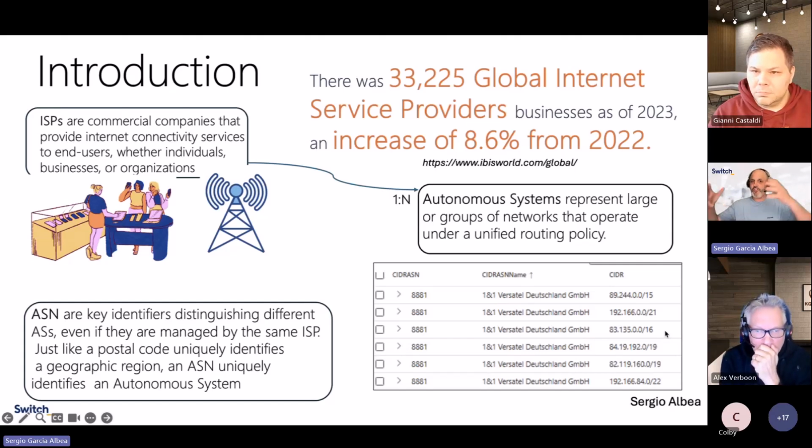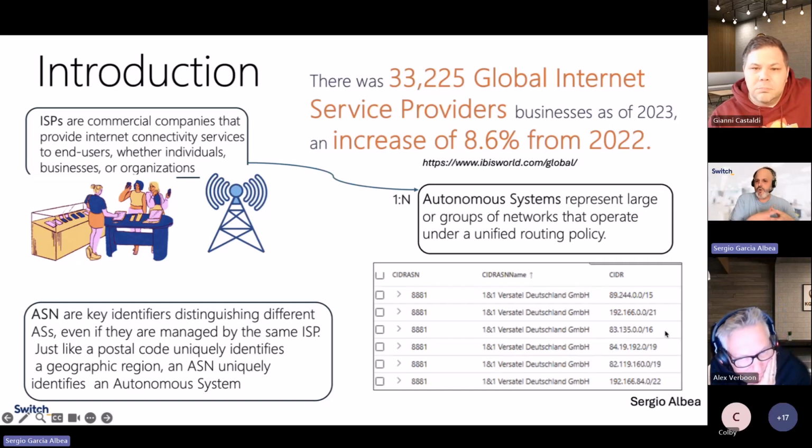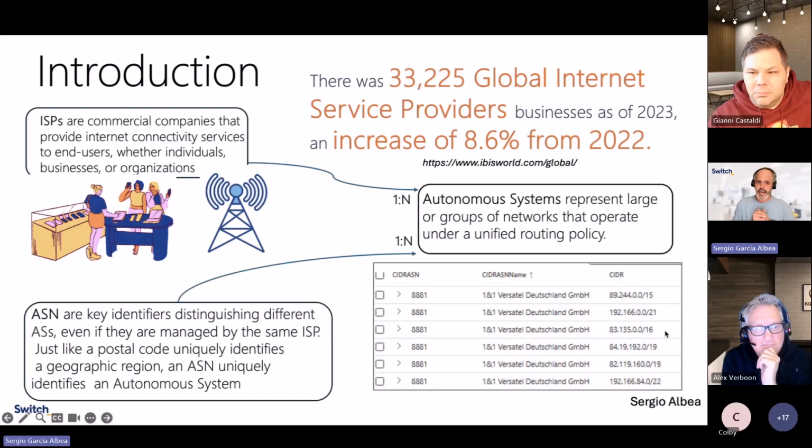Instead of remembering all these ranges of IPs, you can say, okay, this AS number 8,888 is assigned to this ISP or whatever. It's like when you go to Google. If you have to remember IPs, it will be complicated. You remember Google, you type it, and you go. That's the same. It's a really good reference. And AS numbers can have one or multiple ranges of autonomous systems.